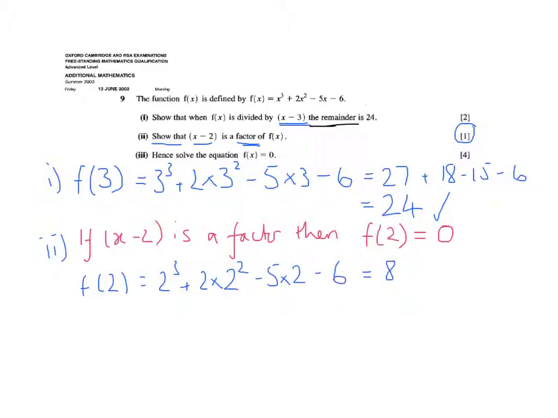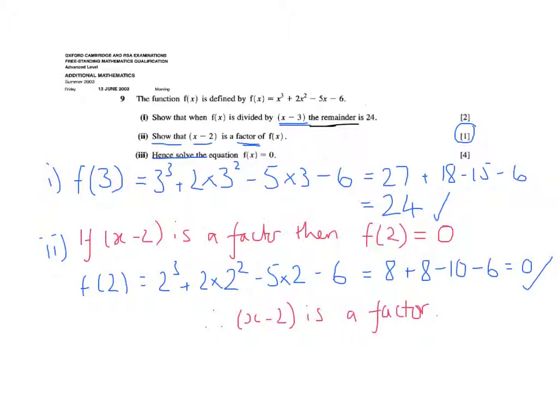That's 8 plus 8 minus 10 minus 6, which is 0, and therefore x minus 2 is a factor. Let's write that so we've stated what we've done. There we go. Okay, so hence solve the equation f of x equals 0.